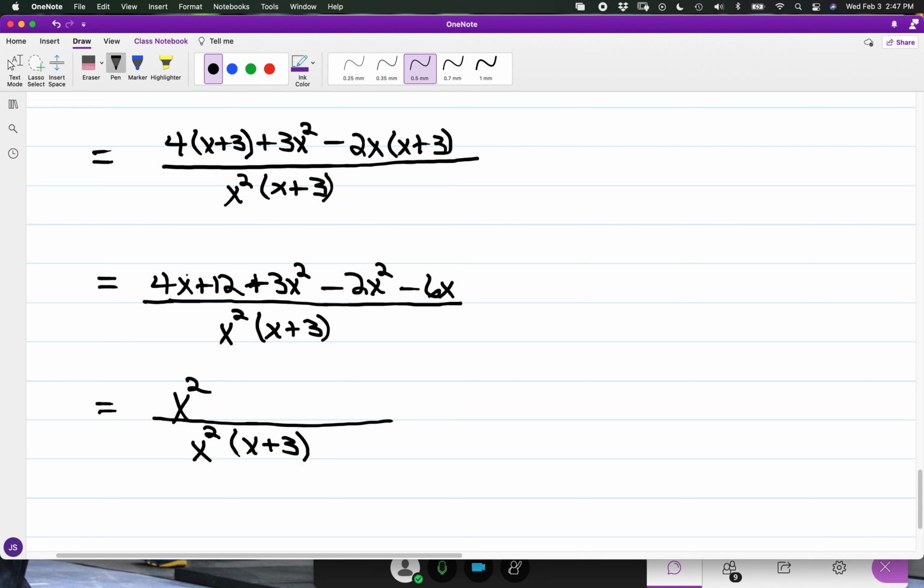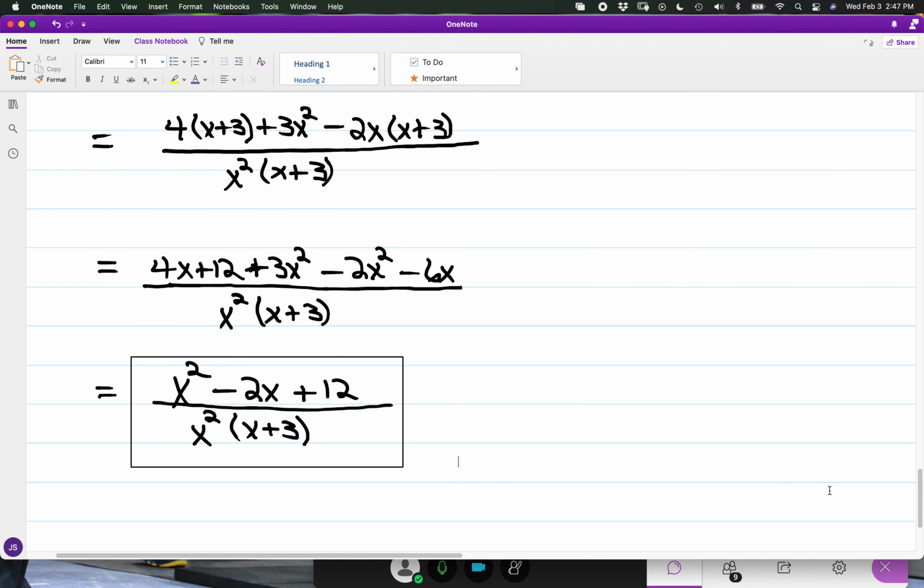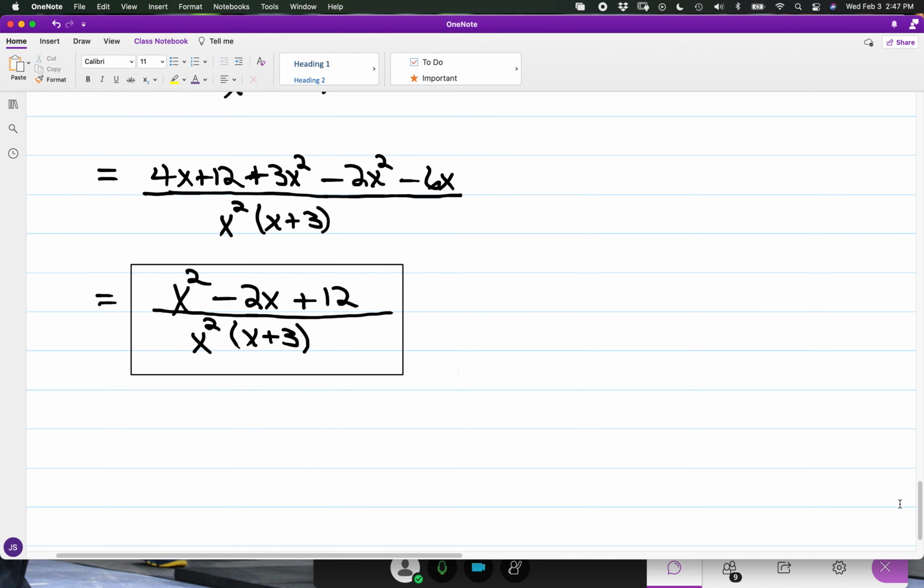Then we have 4x minus 6x, so we're going to have a negative 2x. I've combined the x squared terms and the x terms, and left over is the constant, which is 12. So we have x squared minus 2x plus 12, all over x squared times the quantity x plus 3. Quite a bit of work in this one.